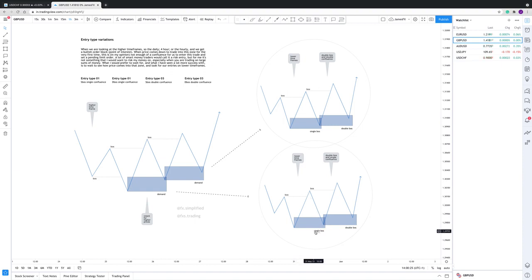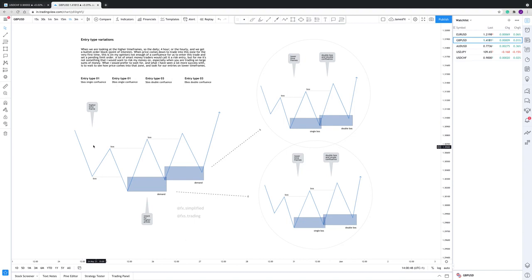Now this would then give us an entry, as it would create an order block down here. This is entry type 1, which is a single BOS, which basically means a single break of structure, and a single confluence, which means we're trading the first break of structure on our higher time frame. As you can see here, this is the first break of structure.